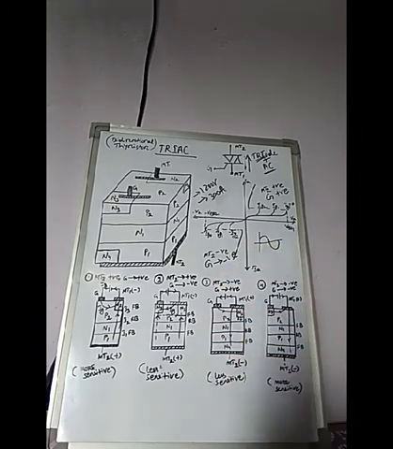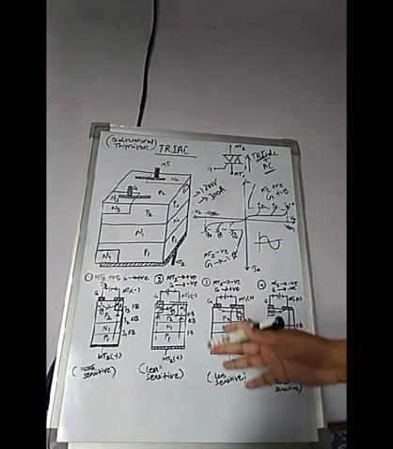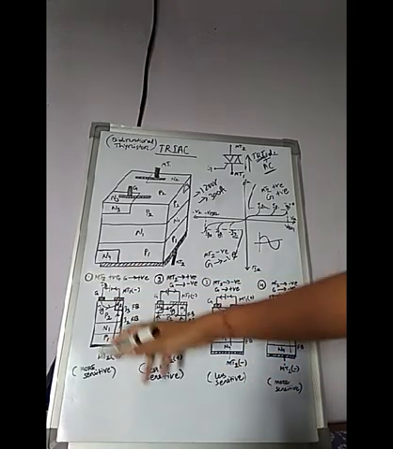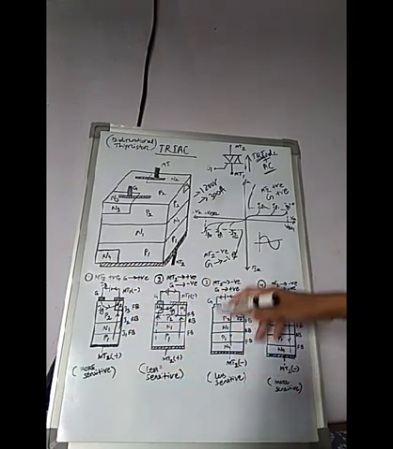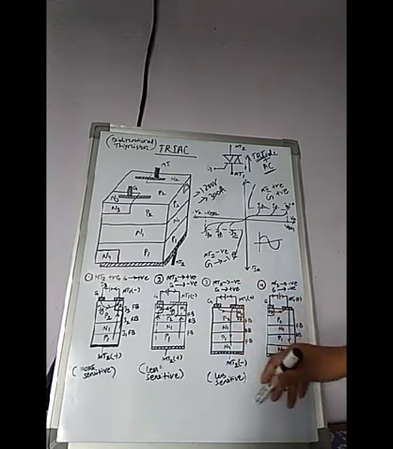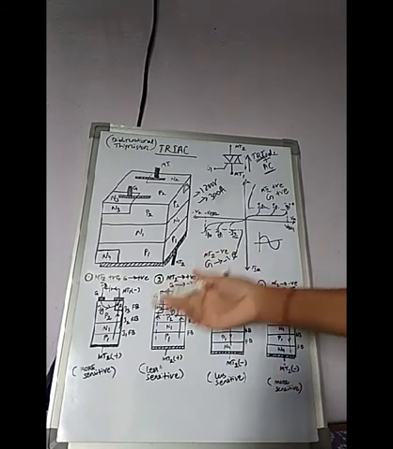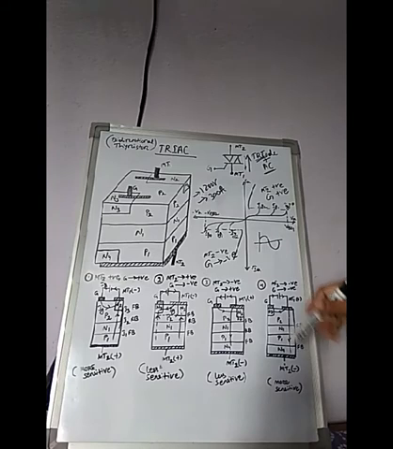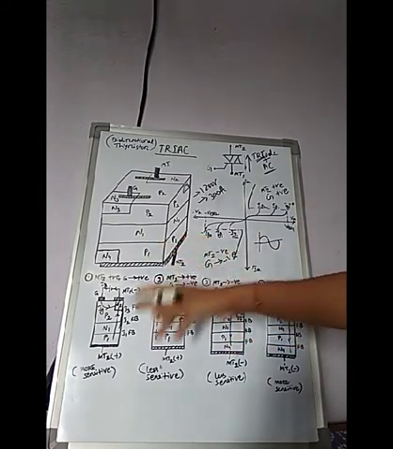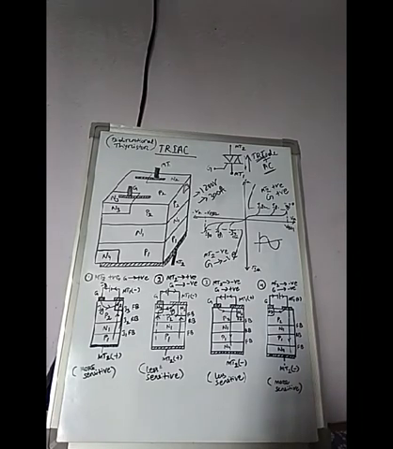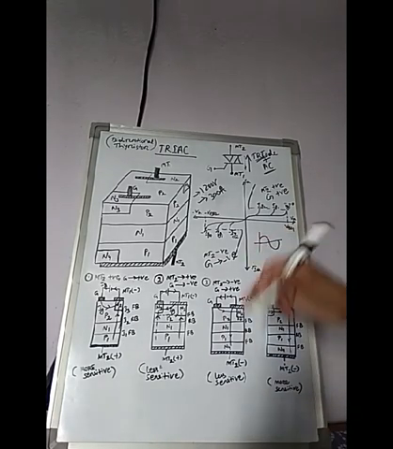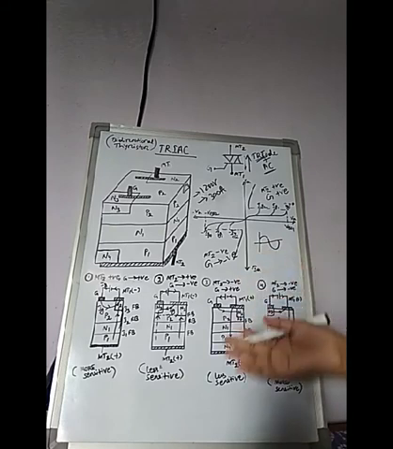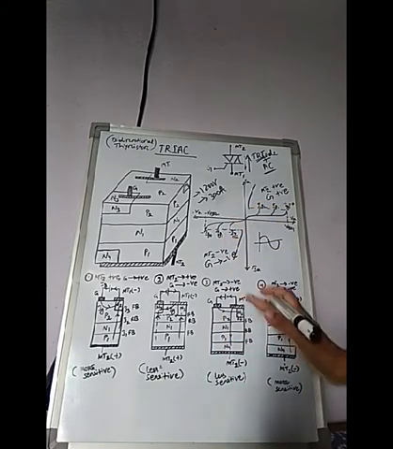So this is the reason that the triac sometimes operates as a rectifier, because in this mode it will operate, in this mode it fails to turn on. That's why it only operates in the positive half cycle, it won't operate in the negative half cycle. That's why the triac acts as a rectifier also. And the other reason is with constant negative gate current.